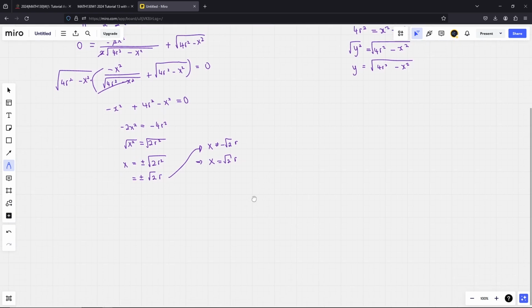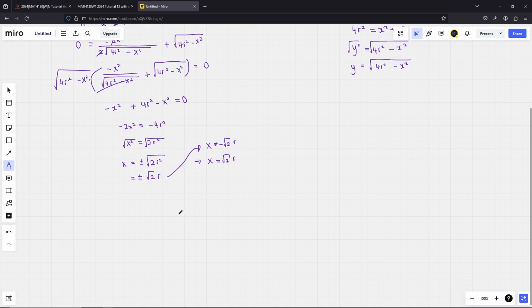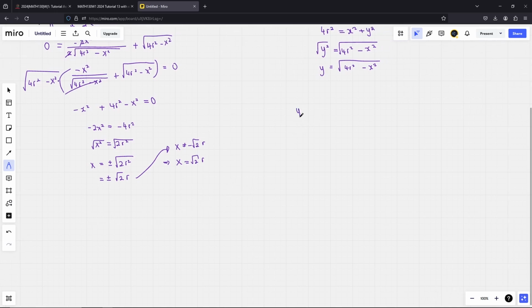So now we have x, but we still don't have y, which is the height. But we do have an expression for y. So let's sub in x, and let's not forget that it's all squared. So this is going to be root 2r all squared. This is going to be the root of 4r squared minus, now if I square root 2, it's going to be 2.